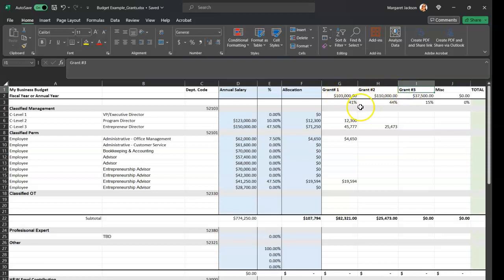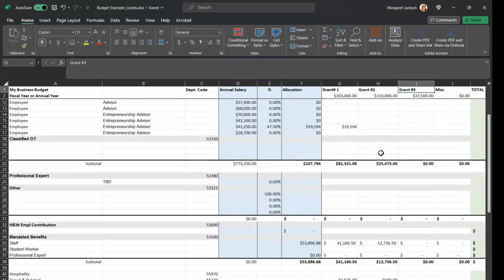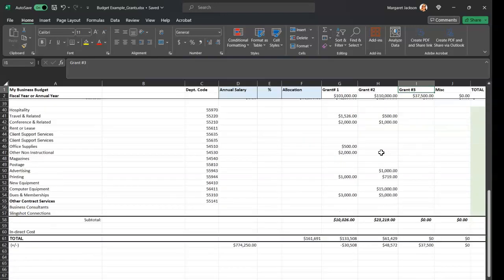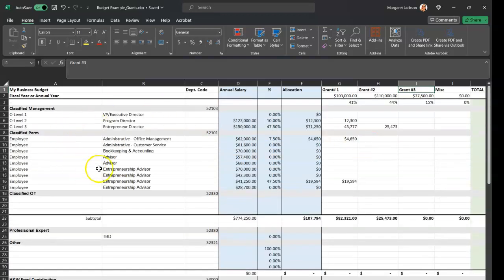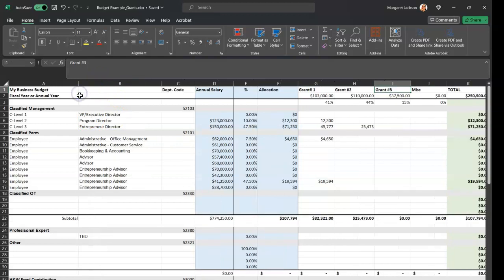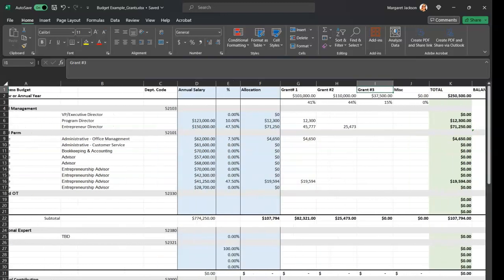These were actual grants that were awarded. I took those names out just to keep the privacy of the actual grants. But this is what a more comprehensive budget would look like. And this is still modest compared to what it could look like. I have something even more comprehensive than this.